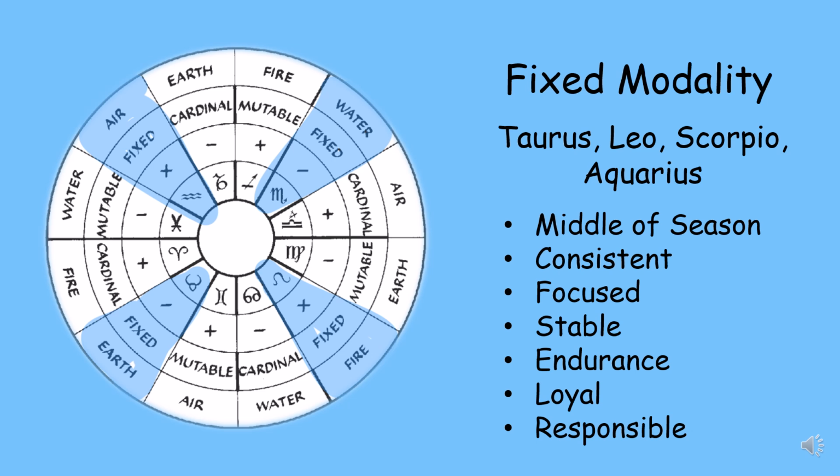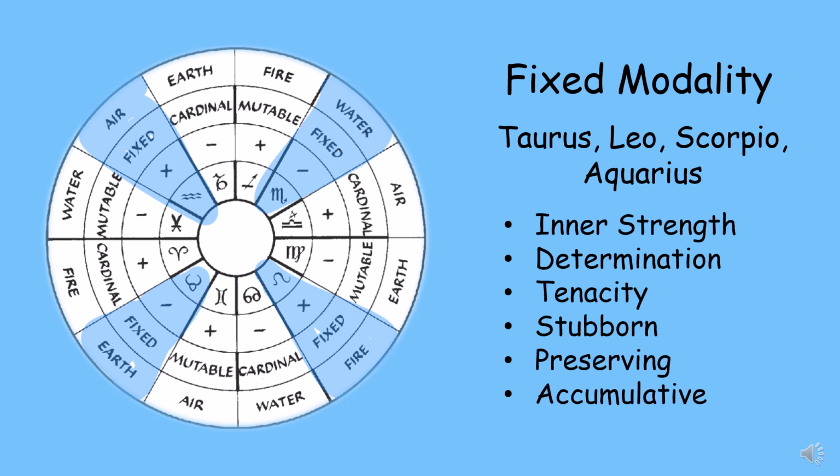They can be loyal and responsible. Fixed modality energy exhibits inner strength, determination, and tenacity. Can also tend to be stubborn, wanting to preserve what is going on already, and they can be accumulative.